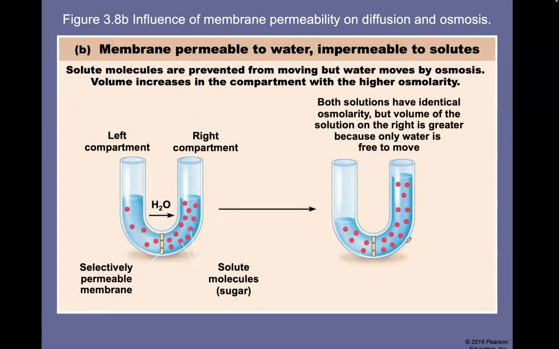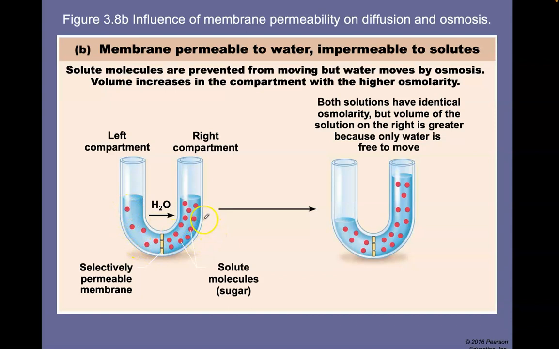Where osmosis comes into play is when you have a semi-permeable membrane that is blocking a solute, like in this example, sugar. So if you put a really high concentration of sugar molecules on this side and a low concentration of sugar molecules on this side.